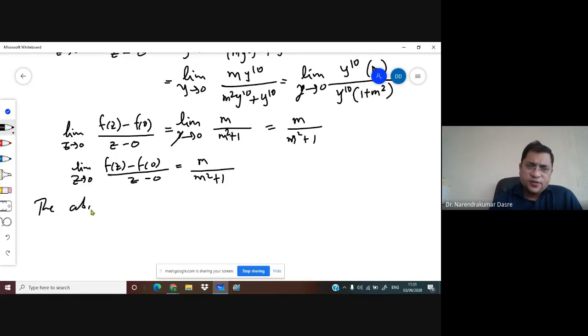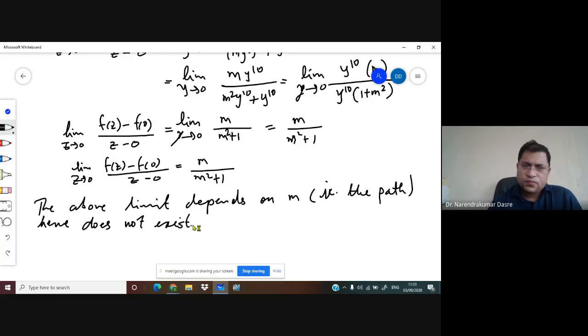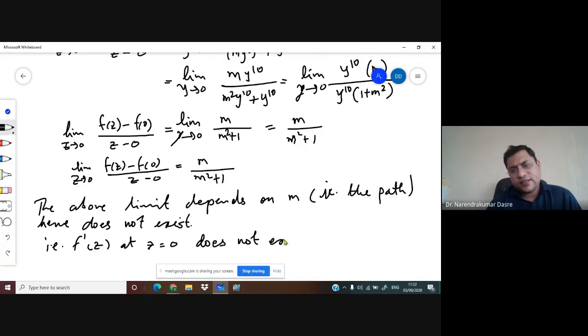So what we can say is the above limit depends on m, that is the path, and hence does not exist. So this limit does not exist, that is, f dash of z at z equal to 0 does not exist.